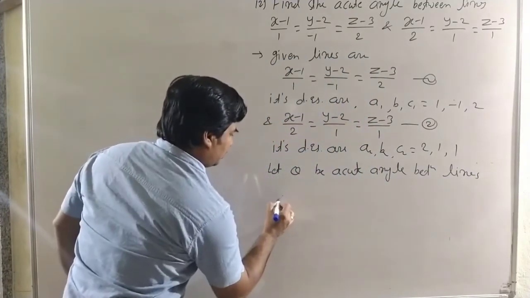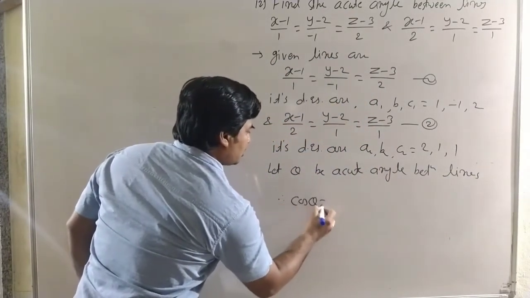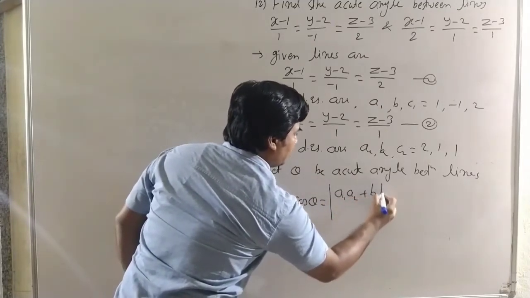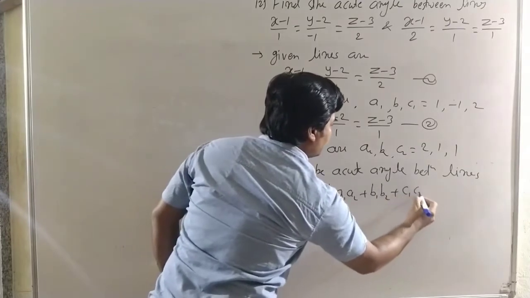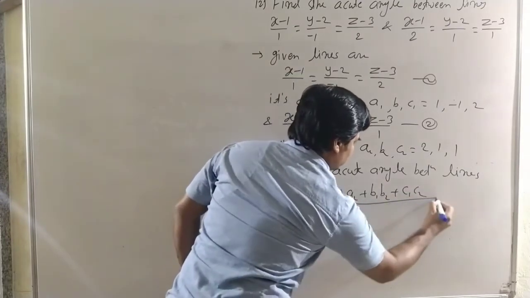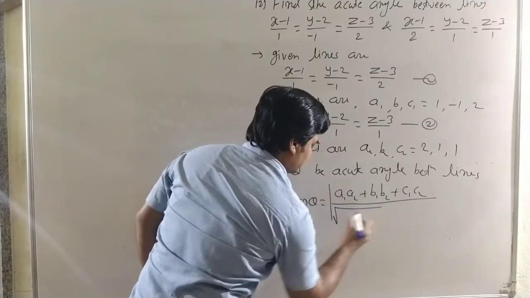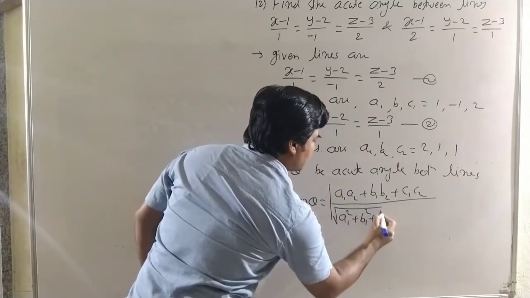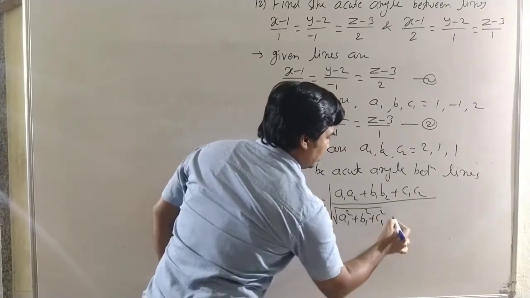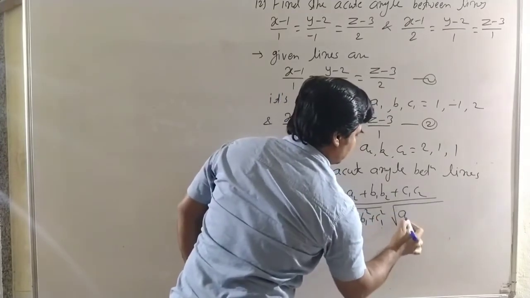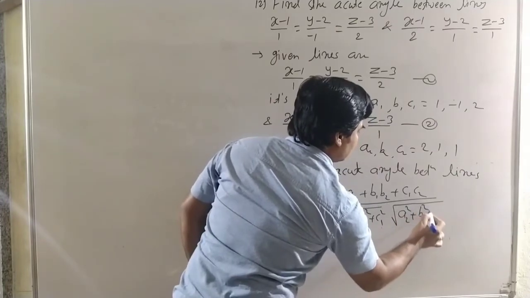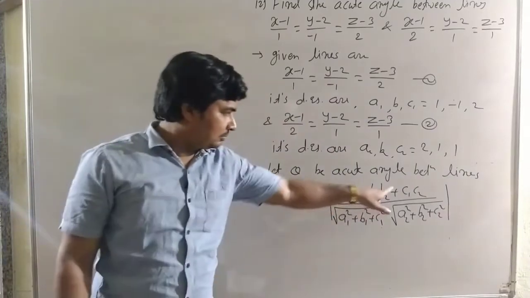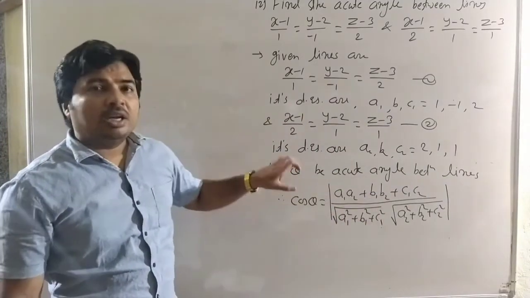Therefore, we know the formula: cos theta is equal to mod of a1 a2 plus b1 b2 plus c1 c2 upon under root of a1 square plus b1 square plus c1 square into under root of a2 square plus b2 square plus c2 square. It is the formula for the acute angle.